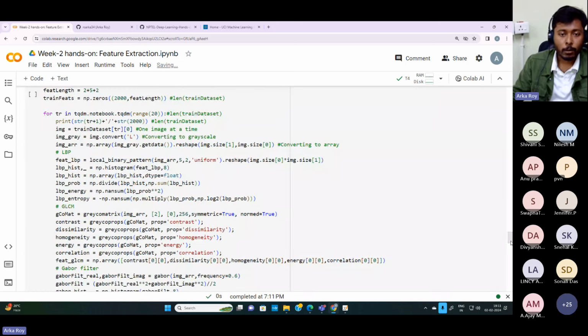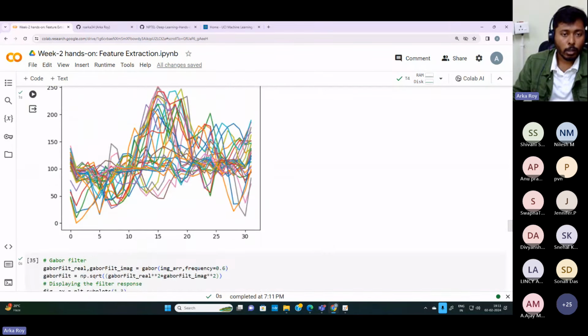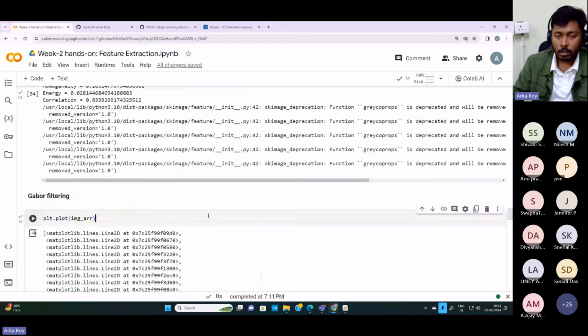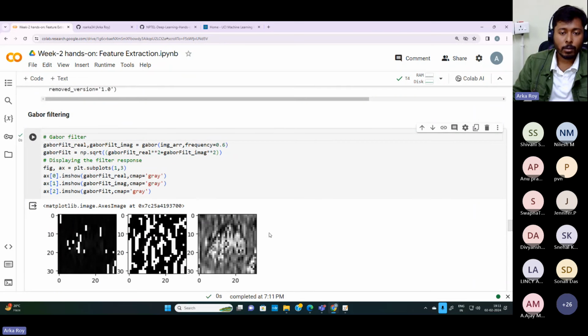Can you comment about this one? Are you able to see some boundary information of that frog?